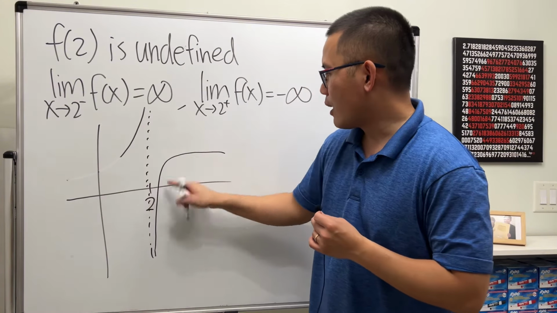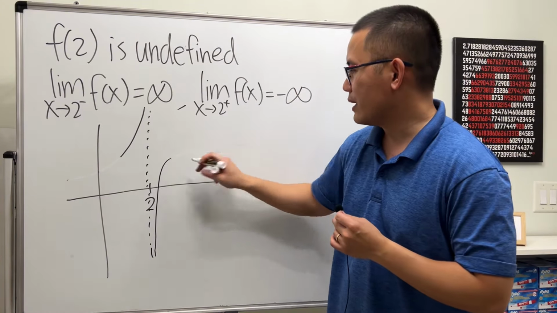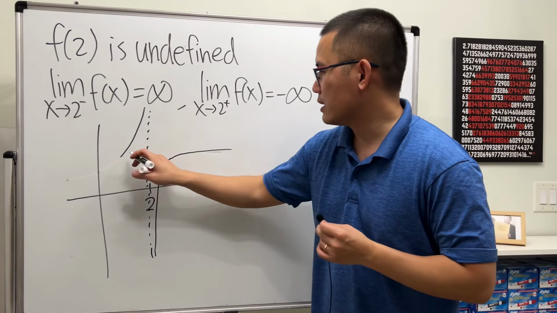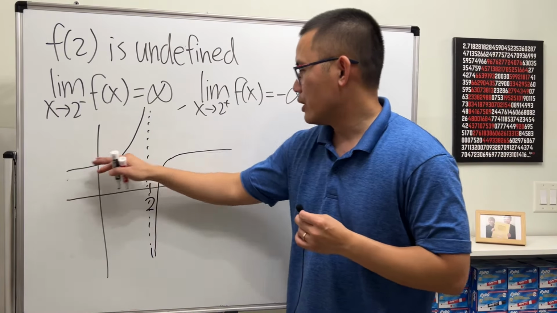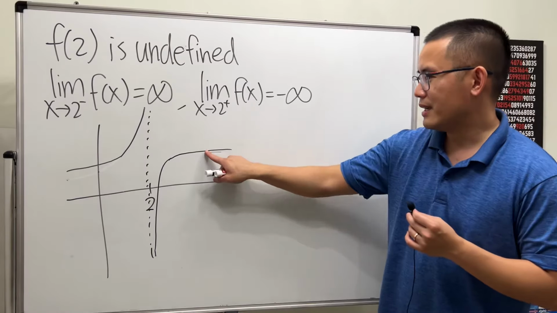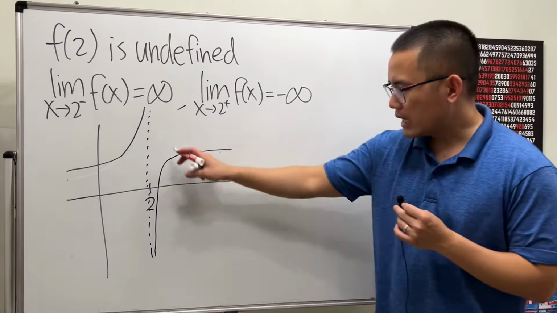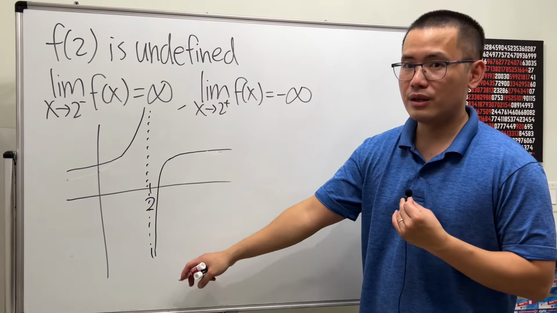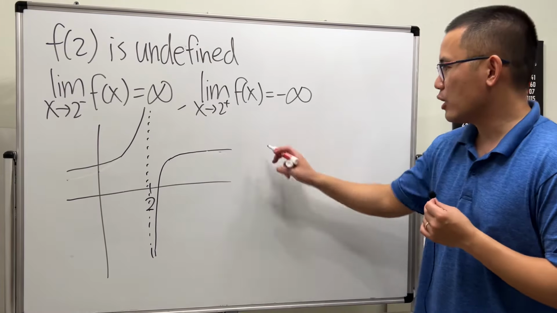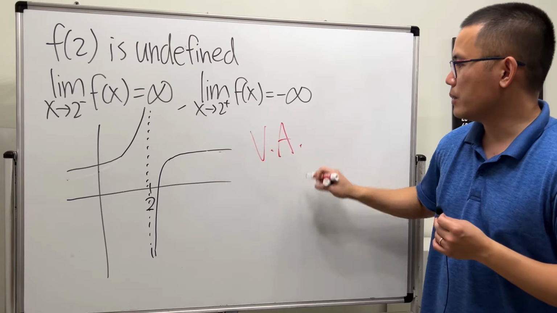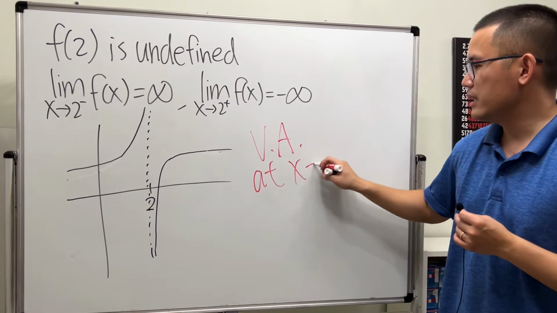So I only know this part and that part, and the rest I really have no idea. You just make it look like some functions that you see, like a rational function. So just like that. Now, what kind of discontinuity do we have here? It's a vertical asymptote. So vertical asymptote at x equals 2.